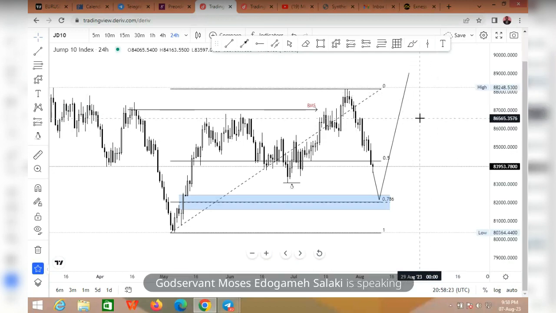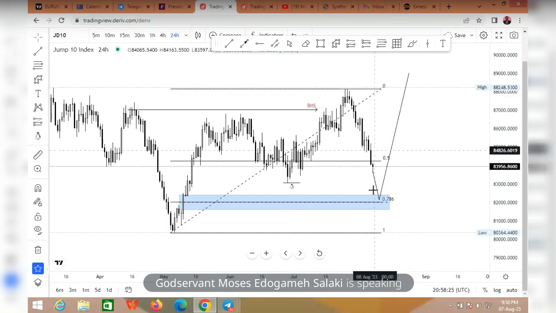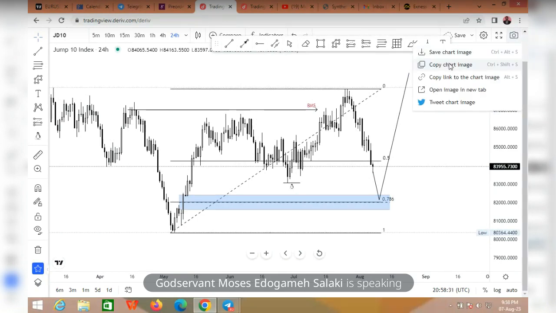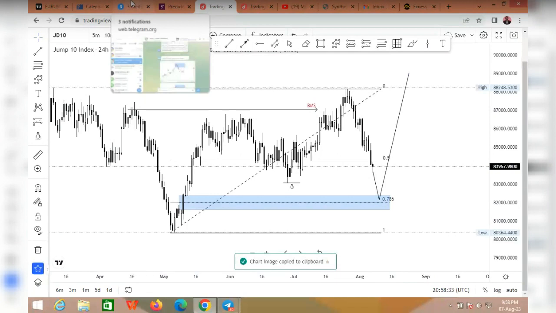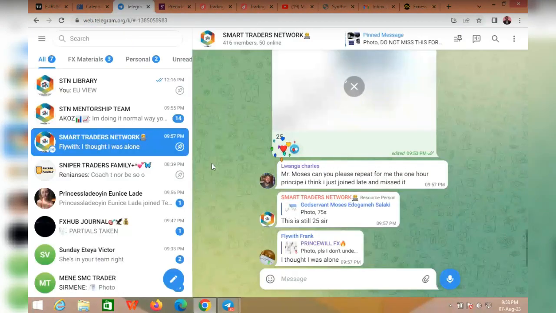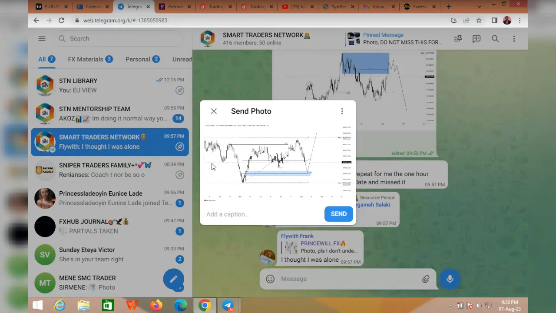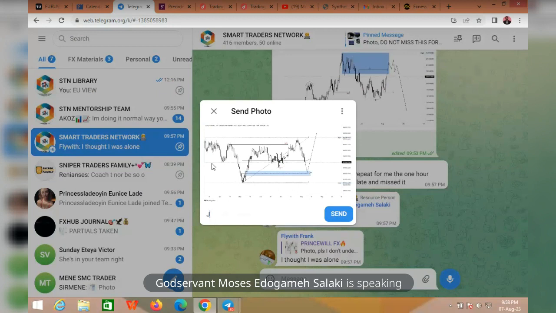All right, so for jump 10, this is what I want. If price comes here and I see a 1 hour break of structure, I think it will be fine to get in on the trade. Yeah, to be fine. This is jump 10.